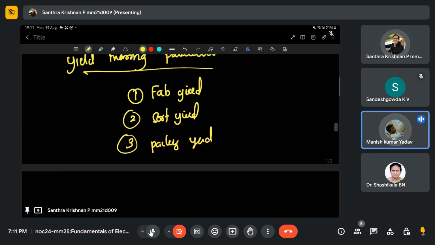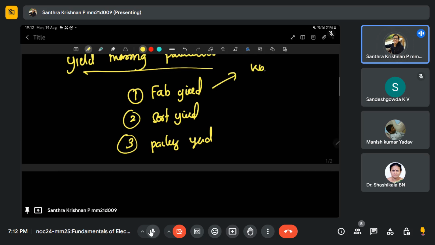In the denominator will be the total number of wafers sent in for fabrication, and in the numerator, after removing the defective ones, the number that came out of the fabrication process. Basically, this will be wafers out of fab by wafers started in fab. So that is fab yield.